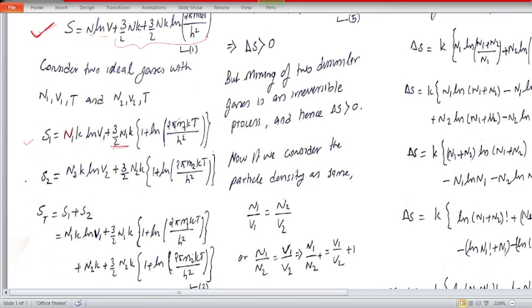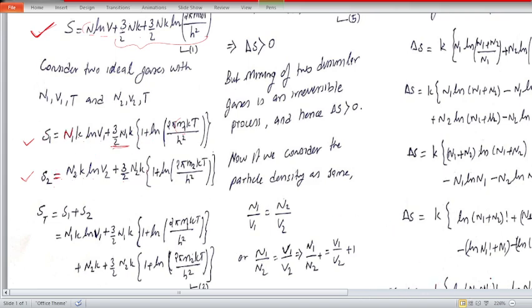Now, for the second chamber, or the second gas, the entropy will be S2, equal to N2k ln V2 plus 3 by 2 N2k times 1 plus ln 2 pi m2 kT by h square. Simple expressions. You just have to substitute the number of particles, volume, temperature and mass for each gas, and you will get S1 and S2.